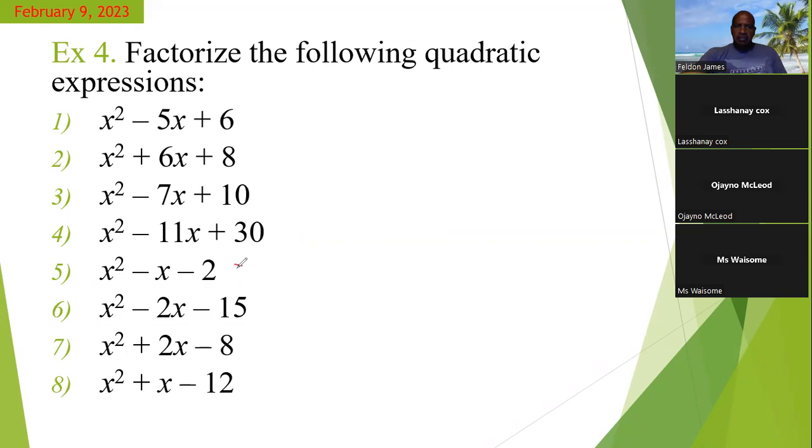All right, so from that we have x squared, negative 2x, plus x, minus 2.